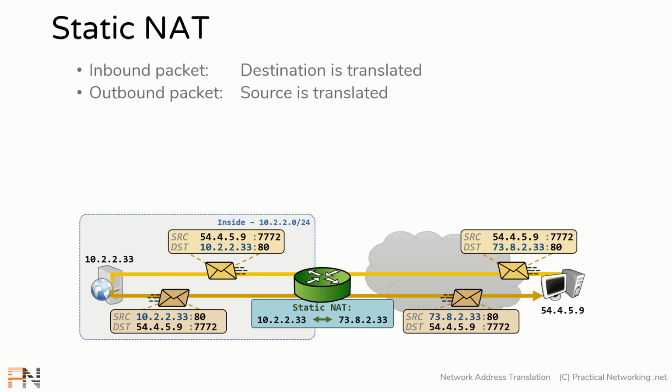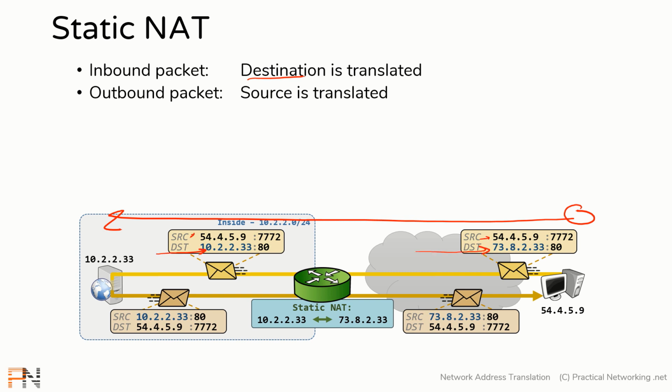The first has to do with what is being translated in what direction. Notice in the inbound packet, the destination is what was translated. We didn't change the source. The source stayed the same. We changed the destination IP address. On the outbound packet, the exact opposite happened. We translated the source.